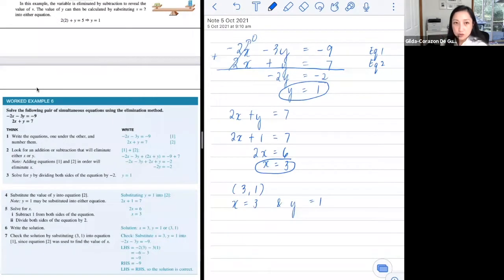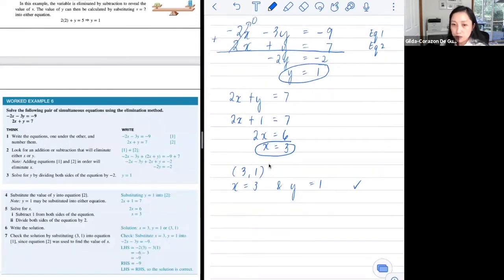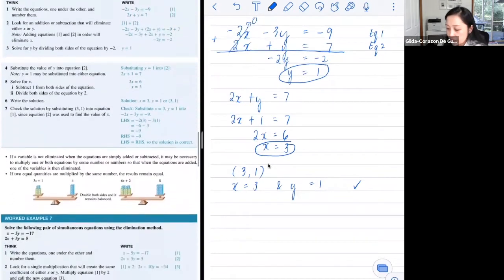So either way would be good. I would actually prefer this because sometimes the simultaneous equations that you'll be given, you wouldn't have x and y, sometimes it's m and n, right? And it wouldn't be as usual as how we would be writing that into a number plane or a coordinate, okay? So that's one example.